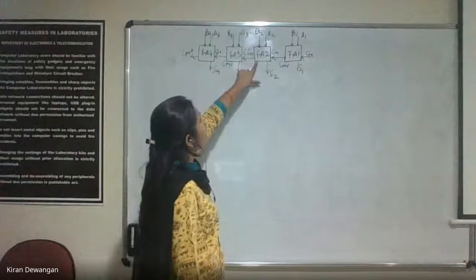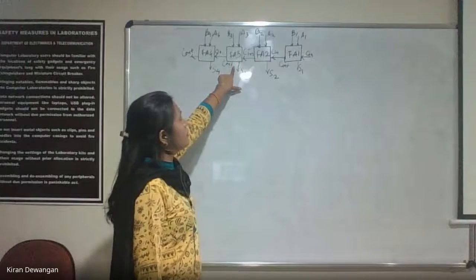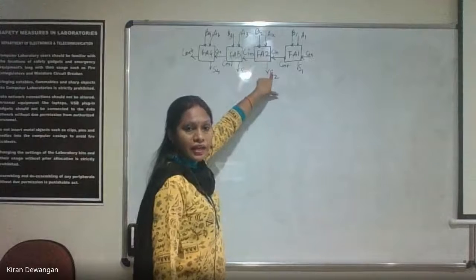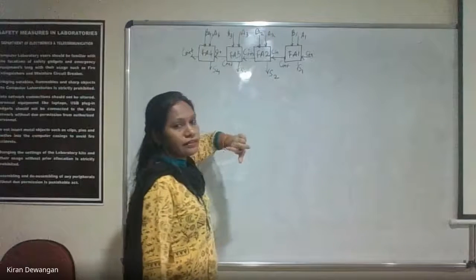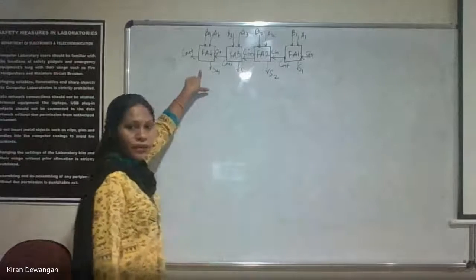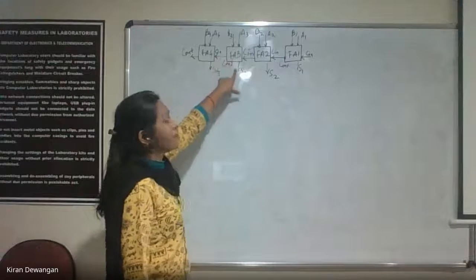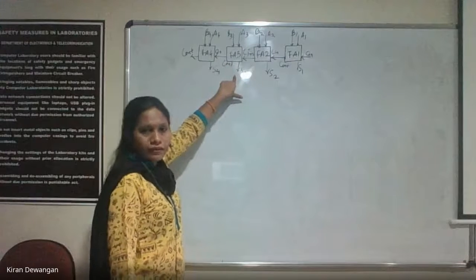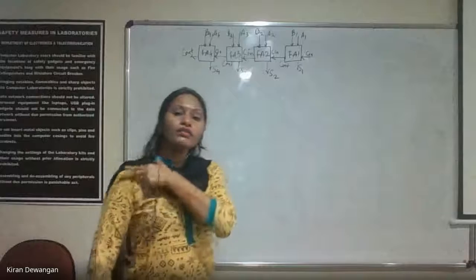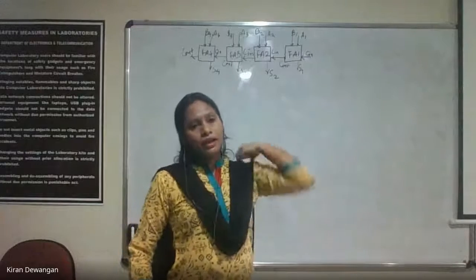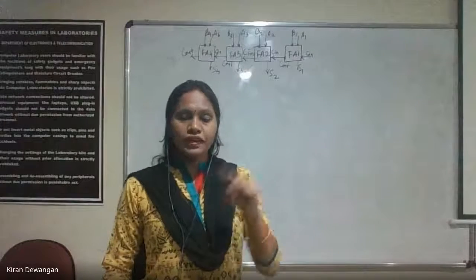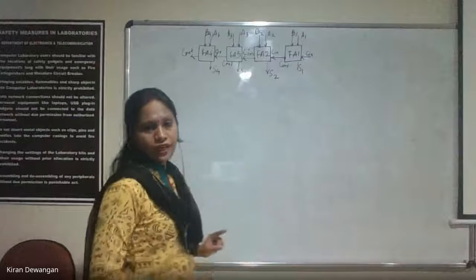This is how the third full adder depends on the carry generated by the second full adder, and the fourth full adder depends on the carry generated by the third full adder. And this is how all the full adders depend on the carry generated by the previous full adders.